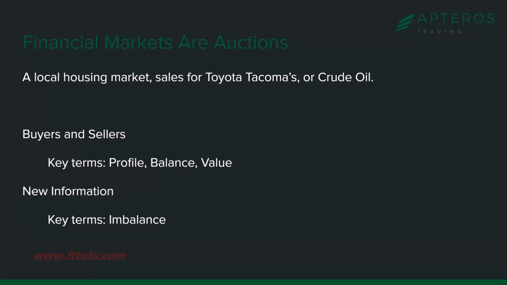Local housing market, buying and selling of inventory of houses. Toyota Tacomas, dealers having inventory, wanting to sell them for higher prices, buyers coming in, wanting to buy them for lower prices, supply and demand. Or crude oil, like we said. We have buyers and we have sellers in any of these markets.